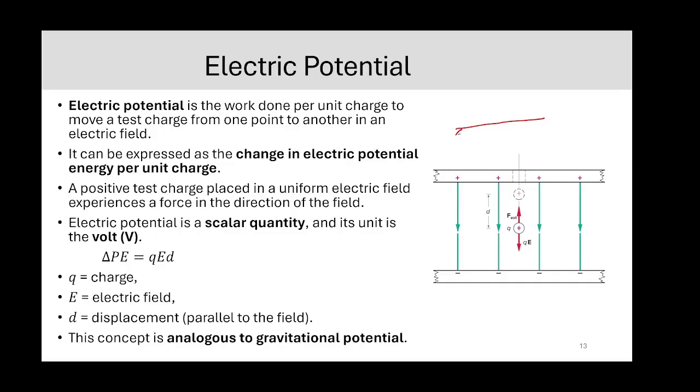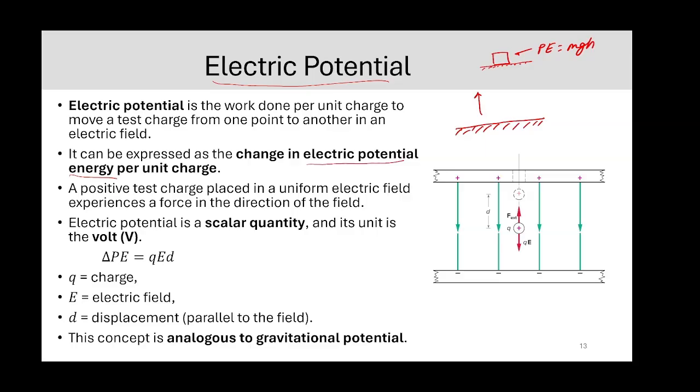We had the ground here, and we said whenever we are moving this object against gravity, we transfer some of the energy in the form of potential energy, and that potential energy was given by the weight times height. In a similar way we can also define electric potential using electric potential energy.